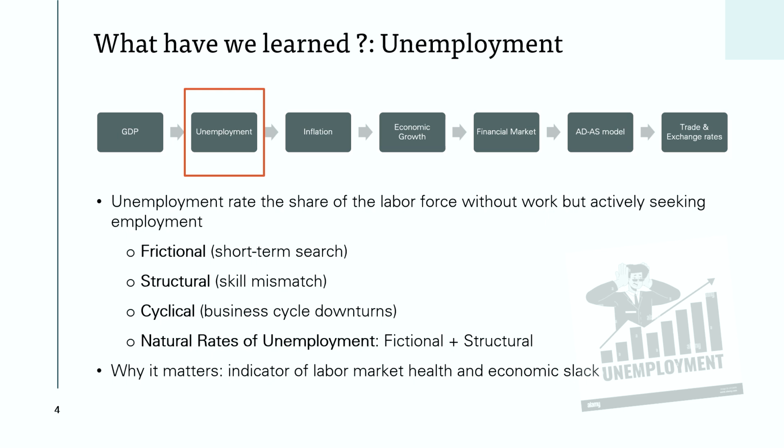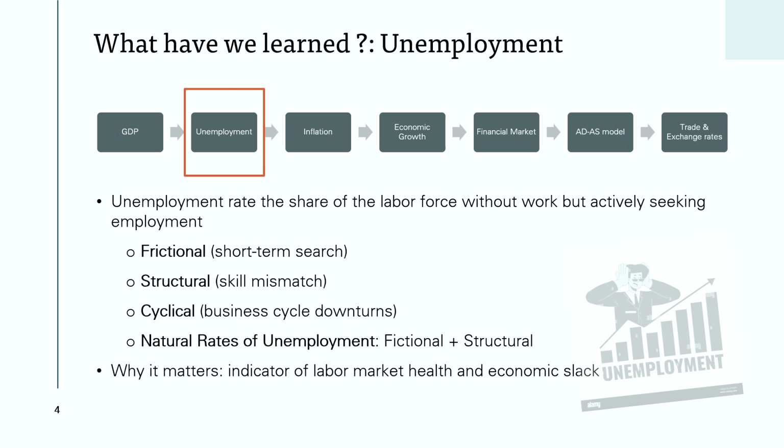Next, we studied unemployment, which measures the share of the labor force that is without work but actively seeking employment. You learned the three main types. Frictional unemployment results from normal job searching and short-term transitions. Structural unemployment arises when workers' skills no longer match job requirements.